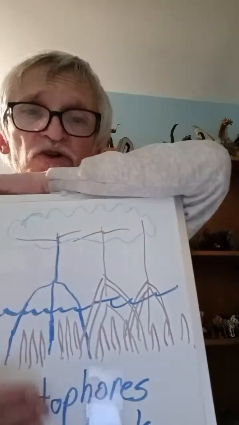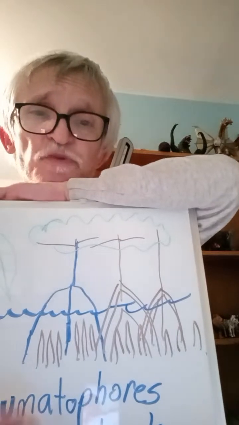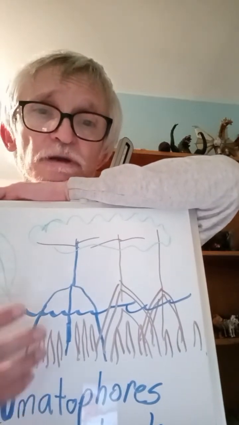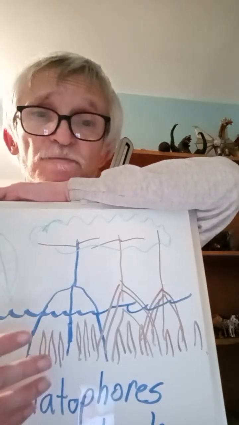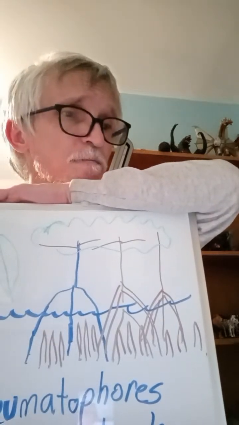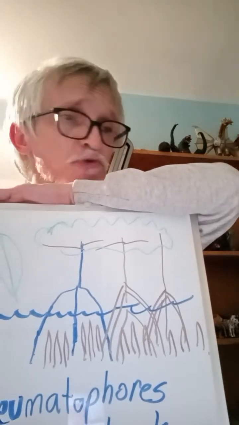Now, this tangle of roots does something else. It provides a nursery for fish, crabs, and also shrimp.